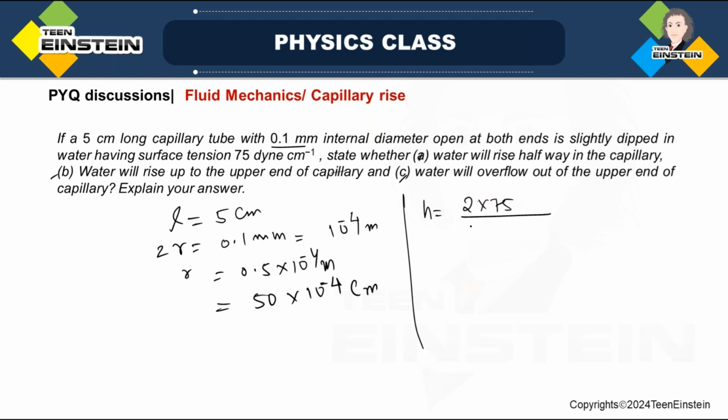It is water, right? Slightly dipped in water, yes. In CGS unit, rho will be 1. R is given as 50 into 10 to the power minus 4. g we have to take as 981, and contact angle 0.